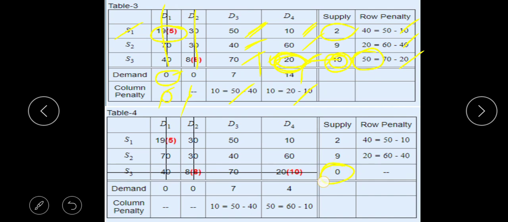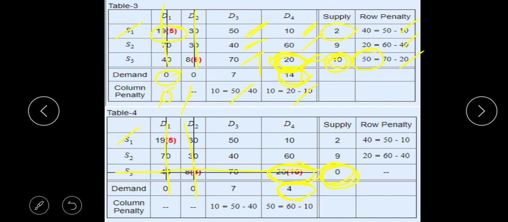You can observe here, when 10 units are allocated, supply becomes 0, and from 14 units of demand, 4 units are remaining. Now as the supply became 0, the whole column will be crossed off because we cannot supply anymore. Now two columns are remaining, D3, D4, destination 3, destination 4.